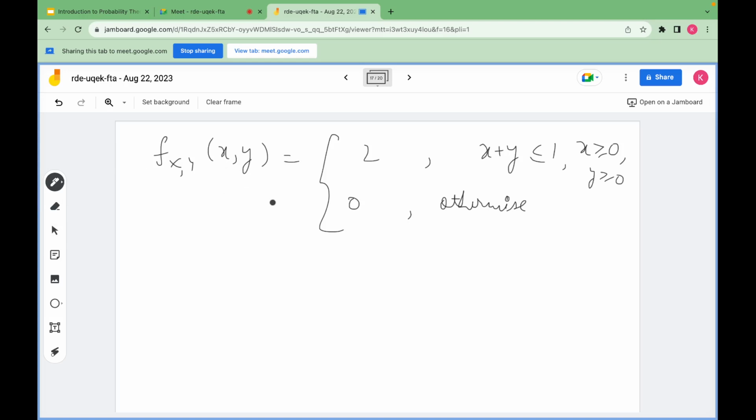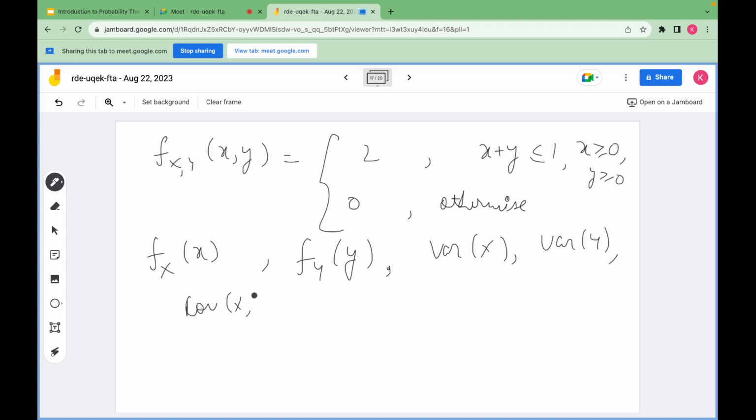First we will find f of x, then f of y. Then we will find variance of x and variance of y, and from there the covariance of x comma y and correlation of x comma y. Okay, so let's see.